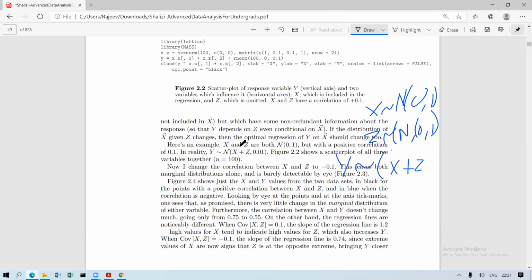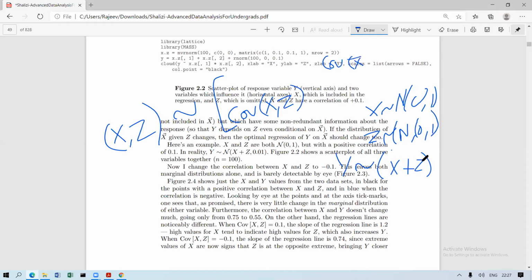What he's trying to say here is that even if the marginal distributions of x and z are the same, the joint distribution of x comma z will not just depend upon the variances of x and z, but as I said, will also depend upon the covariance of x and z, that is, how x and z relate to each other.